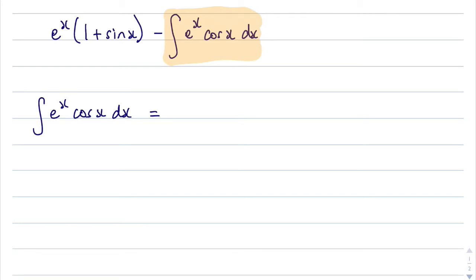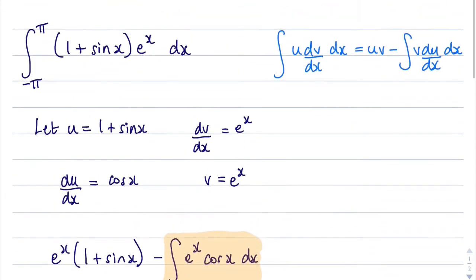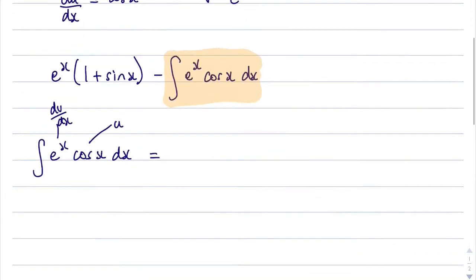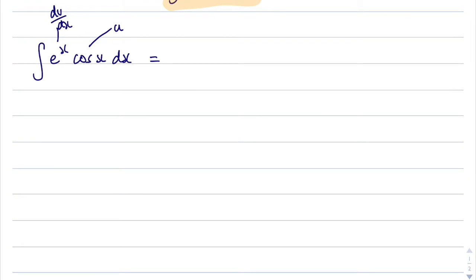Now I'm going to let my u term here be the cosine of x, and dv by dx will be the e to the x. Okay, so the rule is, and again if you need the rule, there it is at the top, it is uv, well u is cos x, and v, well that would be e to the x, so I'll just write it as e to the x cos x, minus the integral of v, and v is e to the x, times the differential of cosine x.